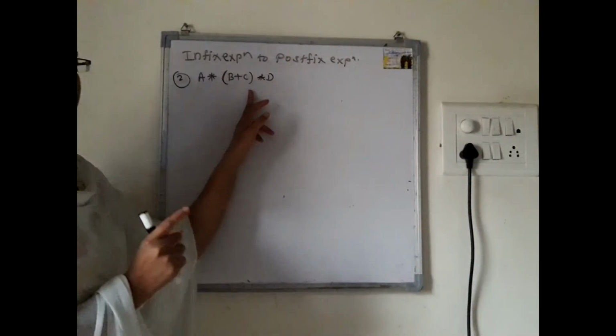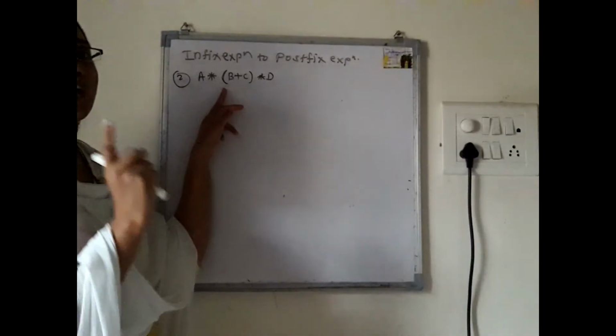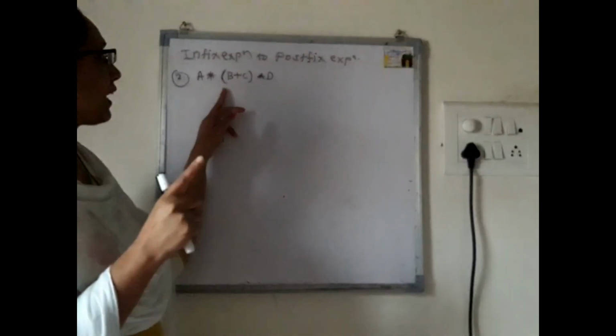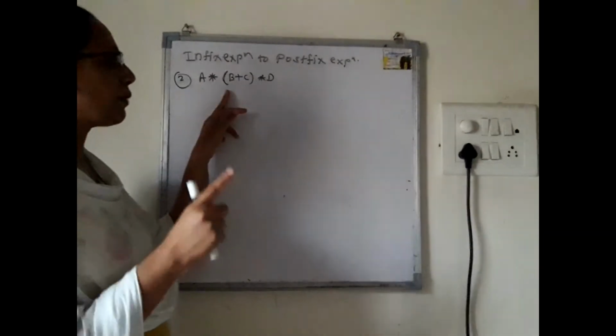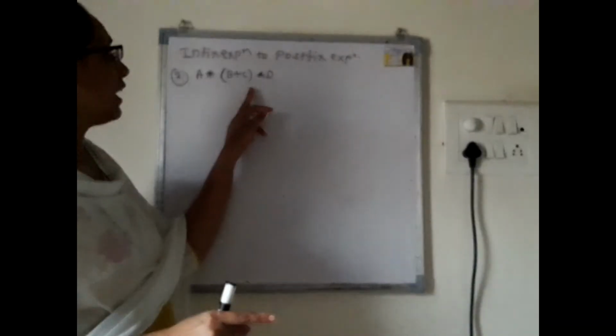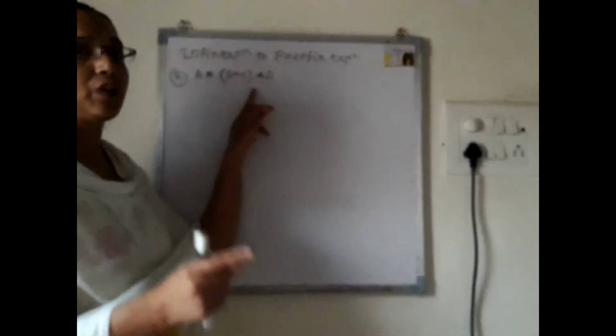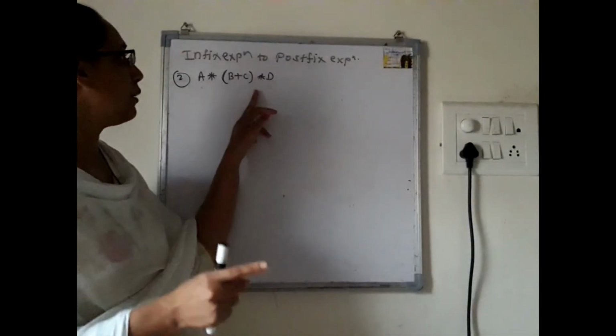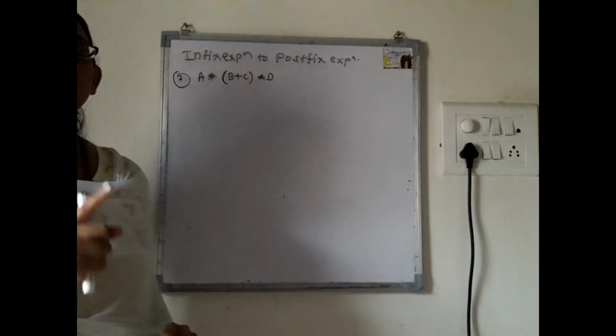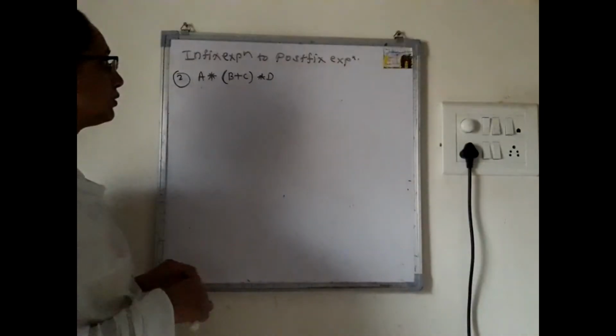For that, the step is: when we encounter the symbol as an opening bracket, this opening bracket gets pushed into the stack, and when we encounter a closing bracket, at that time we pop the top stack element until we encounter the first opening bracket in the stack. Let us see how to do this.